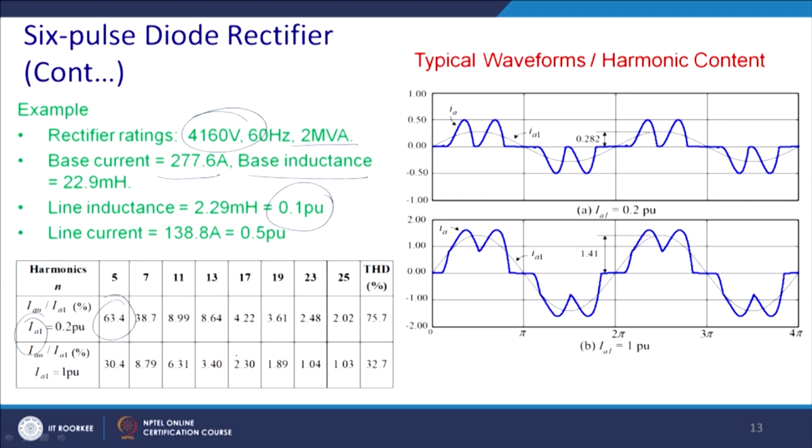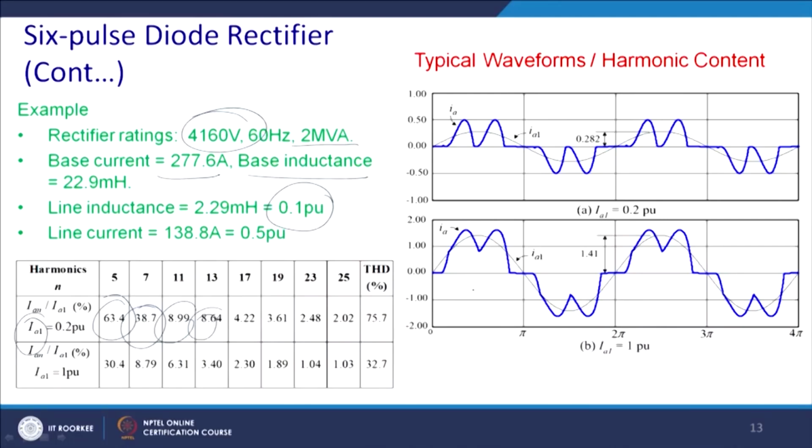Because if you sit on the fundamental, the 5th harmonic is a negative sequence. So, this is the 7th harmonic, this is 11, 13 and so on, as we consider the 3-phase system. So, multiples of 3 are absent. You can see that the THD is as high as 75% for the light load, and once you have loaded a little bit, it will come down to the level of 3 to 0.7%.